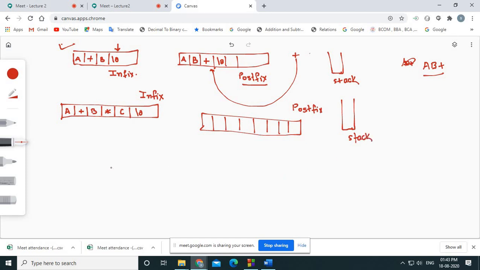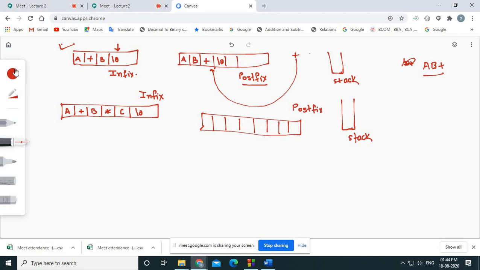Now the same process, you just need to take two variables. Slowly and gradually I am trying to explain what has to be written in the program, increasing the complexity so that we can easily understand the program.